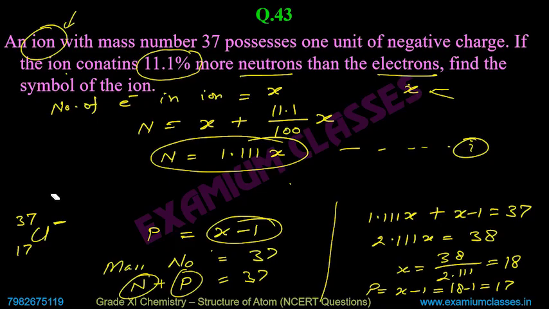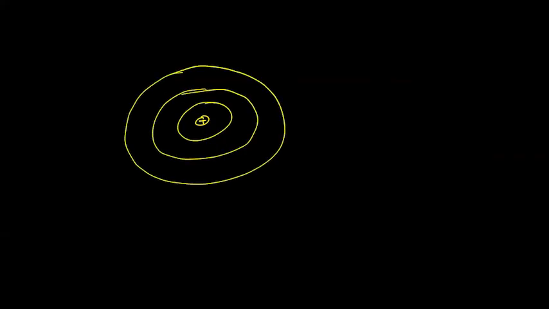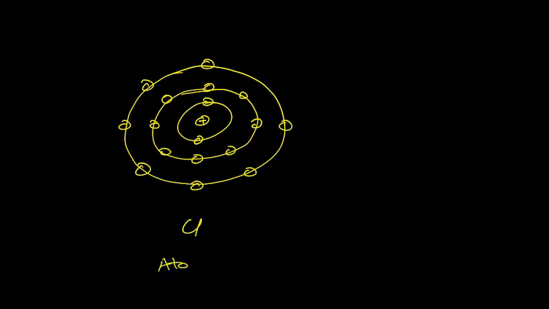Understand. Say I am talking about chlorine. So there will be 2, 8, and 7. This will be the configuration of chlorine in elemental form, meaning atomic form.